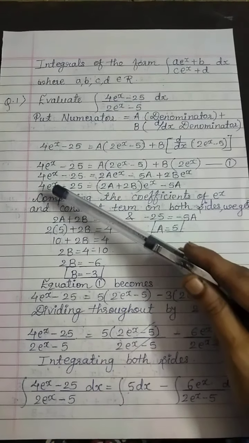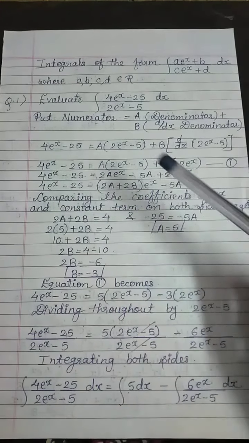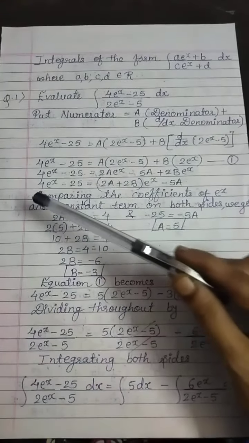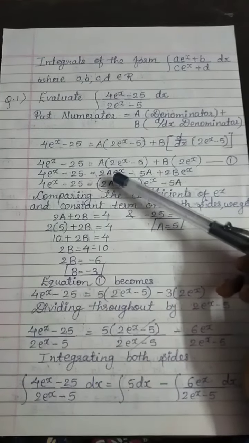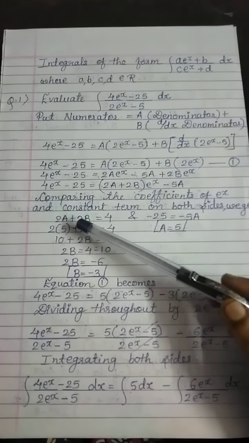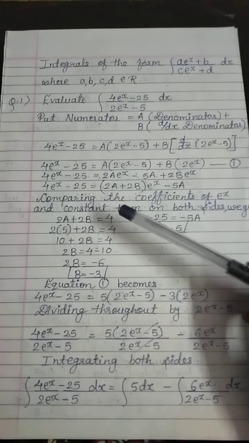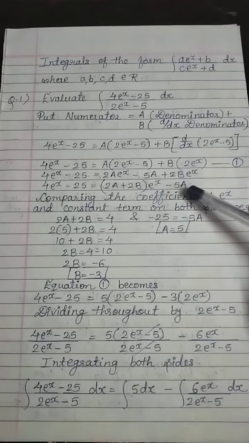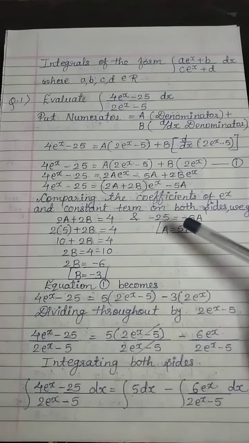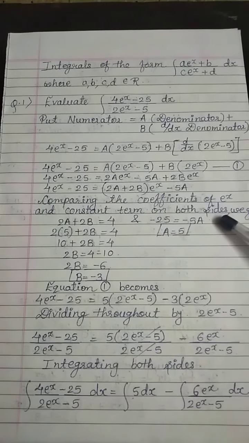Since e raised to x is present on the left side as well as on the right side, we compare both the terms to get the equation 2a plus 2b is equal to 4. Comparing the constant terms we get minus 25 is equal to minus 5a.